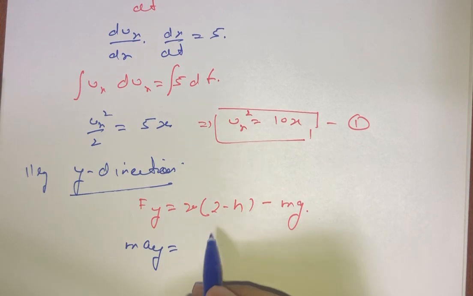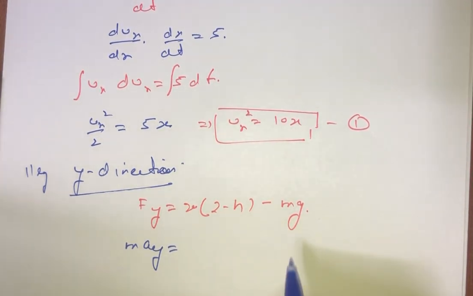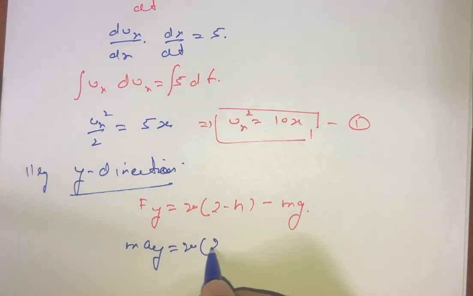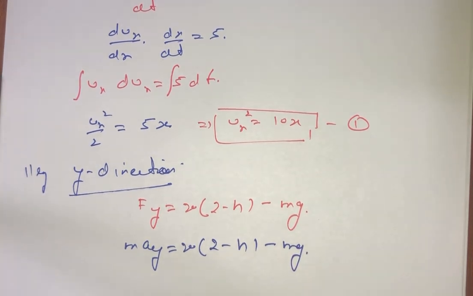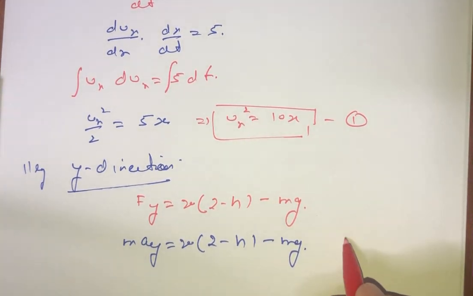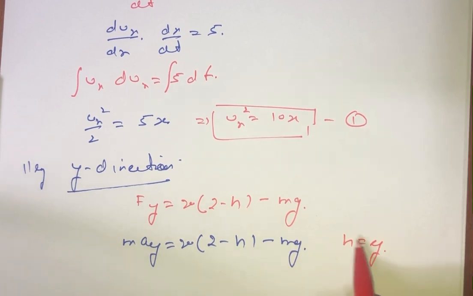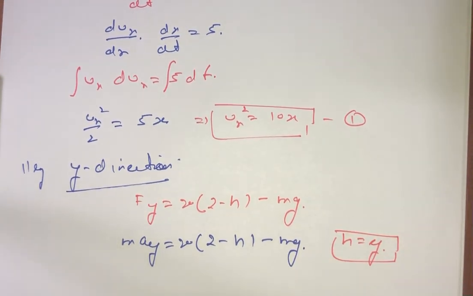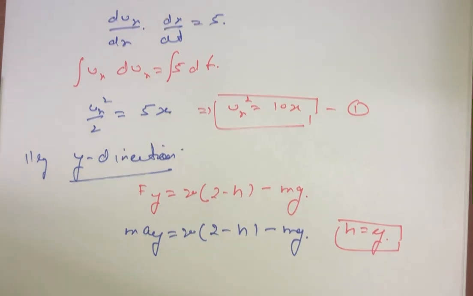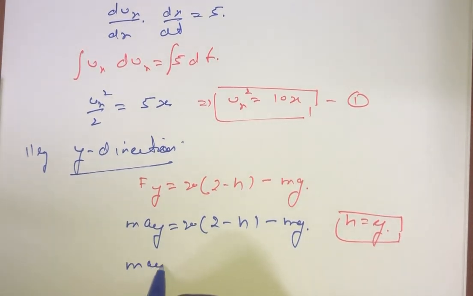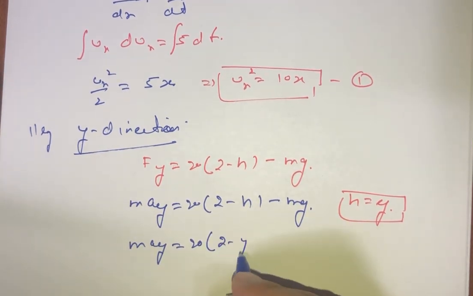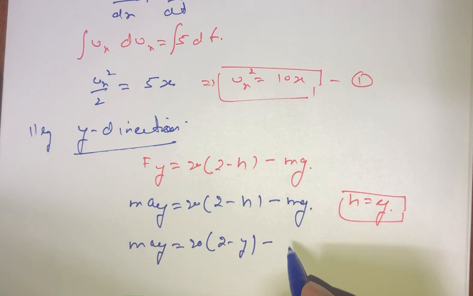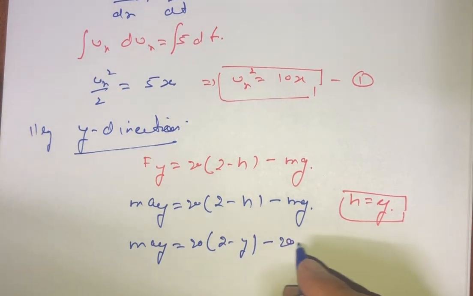So m ay equals 22 minus h minus mg, and in the y direction let us suppose that height is equal to y. So we put the value: 2 ay is equal to 22 minus y minus 20, taking g as 10.